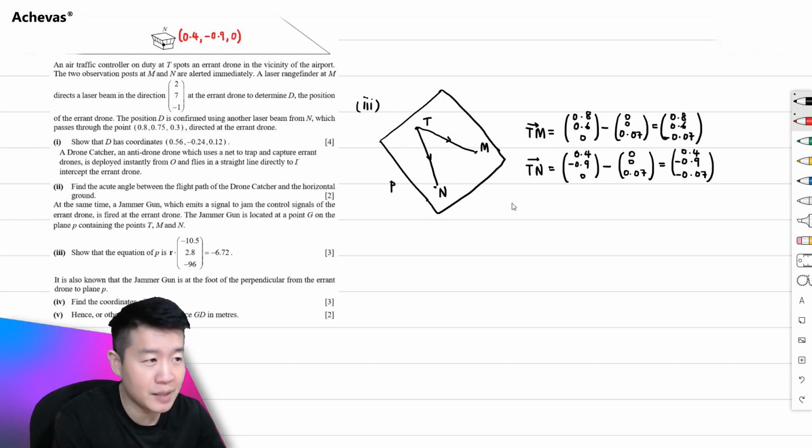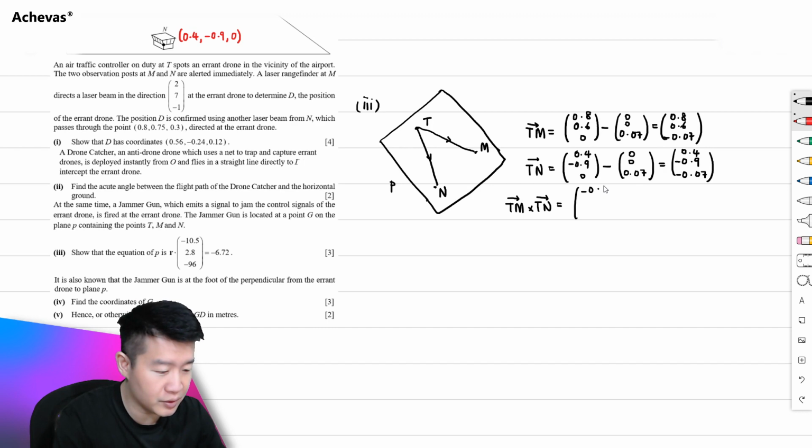So the normal vector can be found by taking TM cross TN. Okay, if you were to cross these 2 vectors together, the result is going to be (-0.105, 0.028, -0.96).